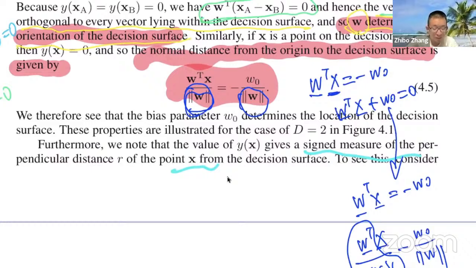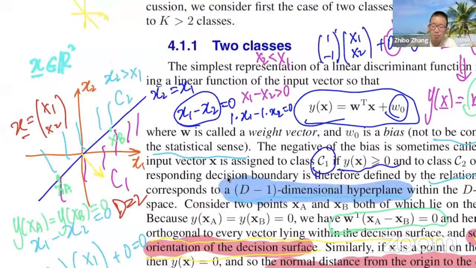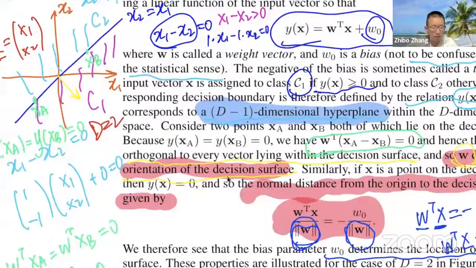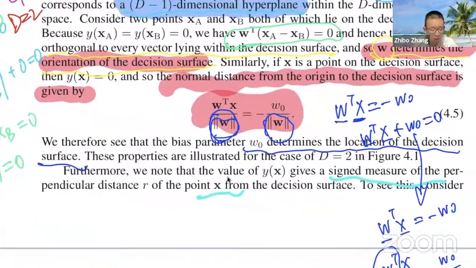As we can see, W0 controls the location of the decision surface. If we change W0, the decision boundary is going to move up and down. And if we change the weight vector, then the position won't change, but the orientation of the decision boundary is going to change.